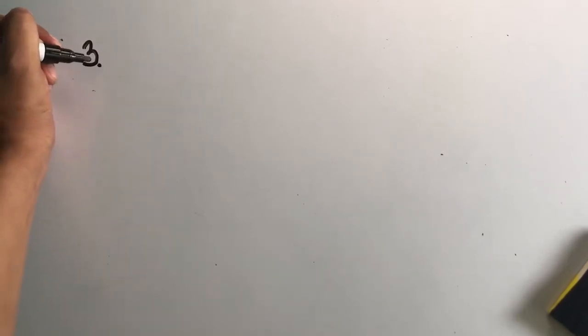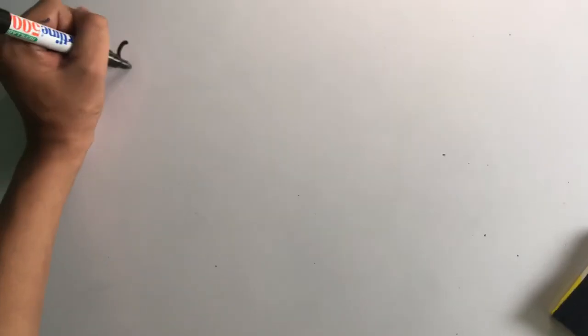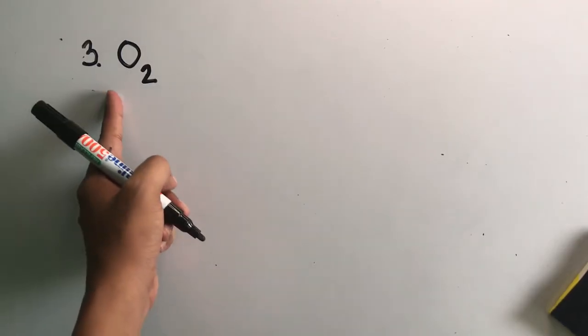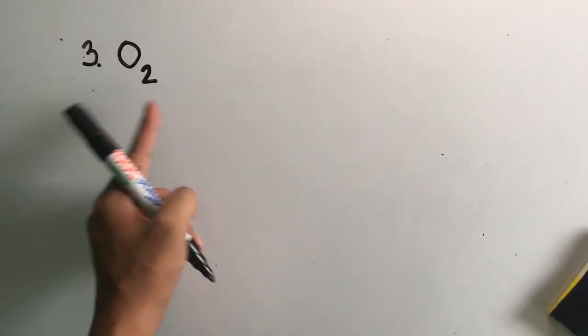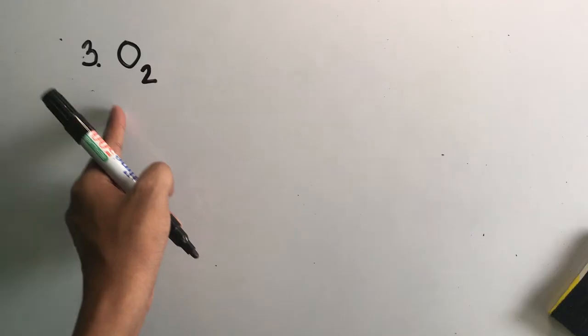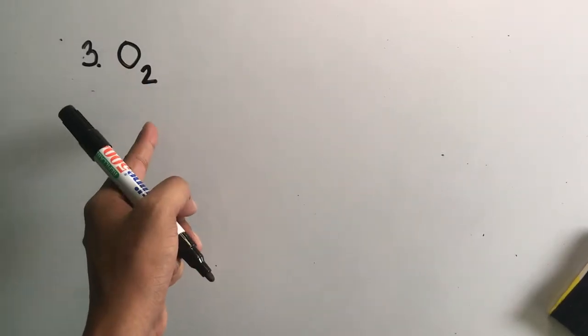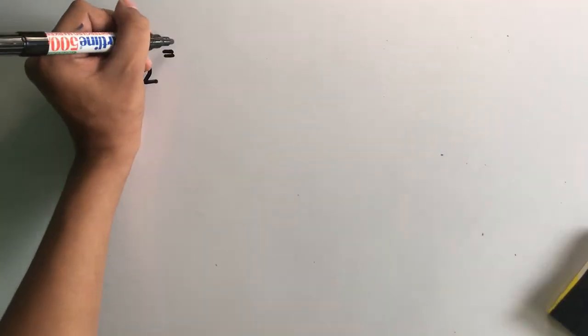So, example number 3, we have O2. Okay. Now, according to rule number 1, if an atom siya, therefore wala siyang charge, automatically the oxidation state or number is 0.